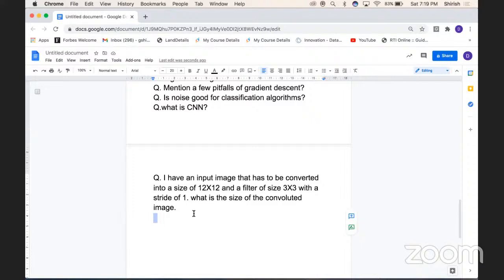So whenever you're talking about this, you have a size. So n is equal to 12 by 12, and my filter size is 3 by 3. Now what am I asking here? When you apply this, what should be the size of the output image?